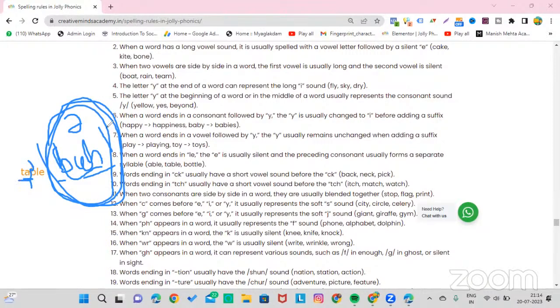And when A is left open, it is A, the long sound, and not "tab-ul".